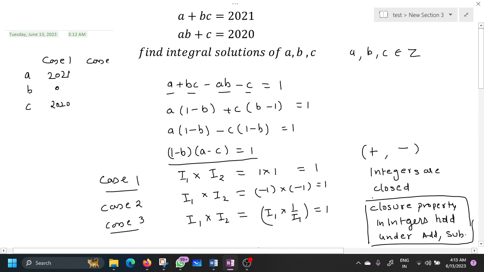Case 2, in which B is 2, C is 674 and A was 673. So these are the only integral solutions that you will get from these two equations.